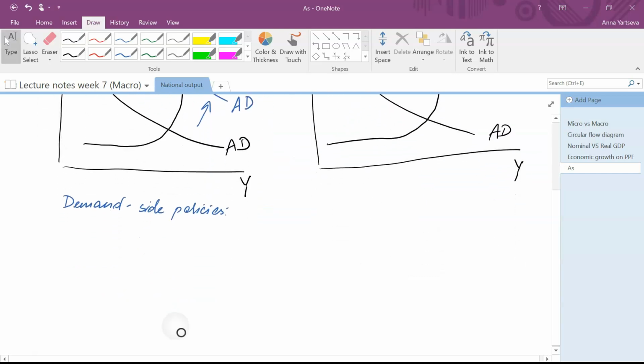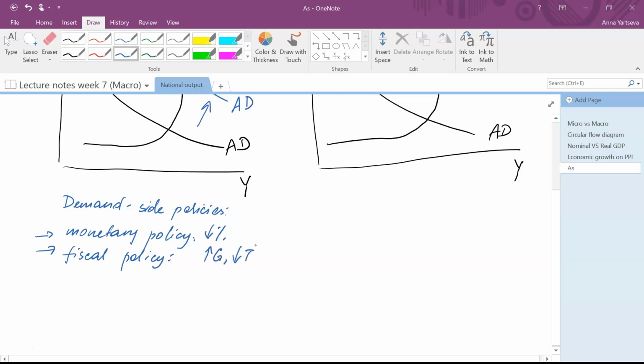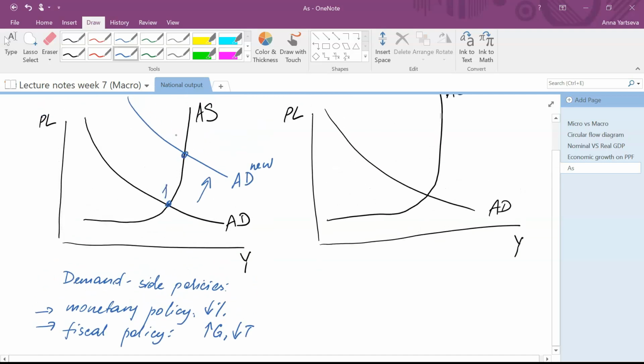And as we have covered in the previous lecture, this will include monetary policy and fiscal policy, for example, reduction in interest rates, increasing government expenditure, reducing taxes, etc. All of these factors will shift the aggregate demand curve from point 1 to point 2, which will lead to higher output. So national output will increase.